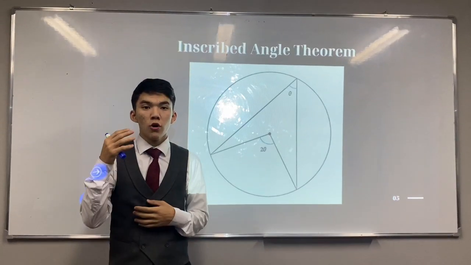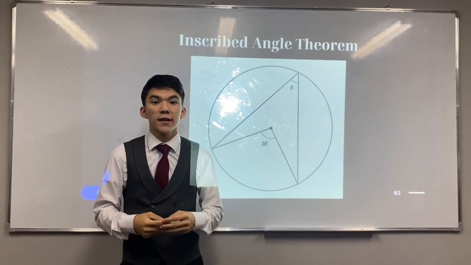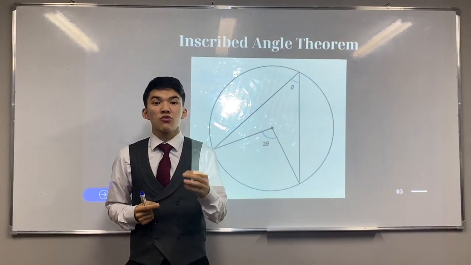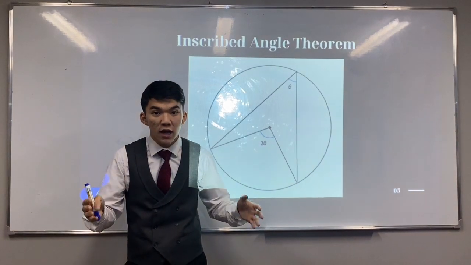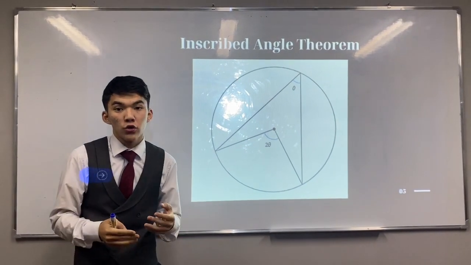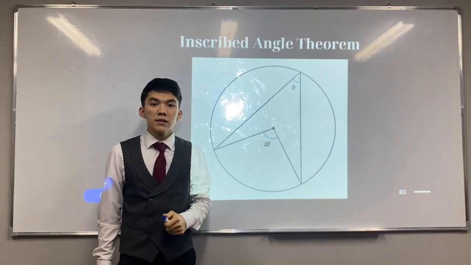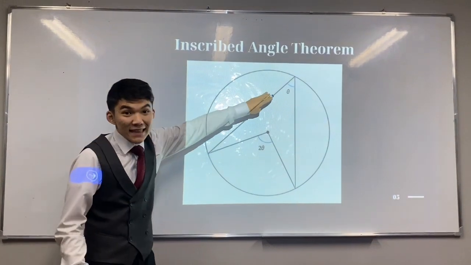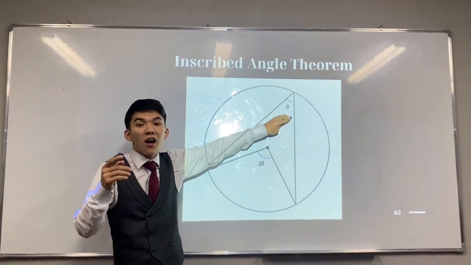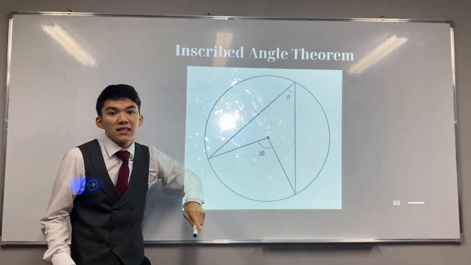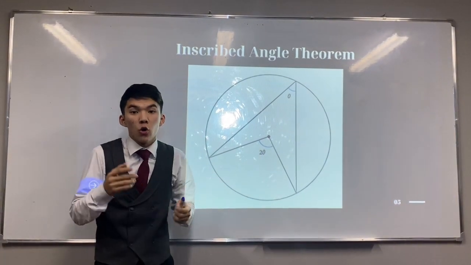Before we consider the properties of cyclic quadrilaterals, we recall an important term about inscribed angles and central angles. A central angle is an angle at the center of a circle with end points on its circumference. As I explained in the last topic, an angle theta inscribed in a circle is half of the central angle, 2 theta, that subtends the same arc on the circle.